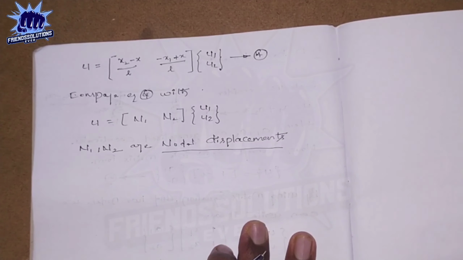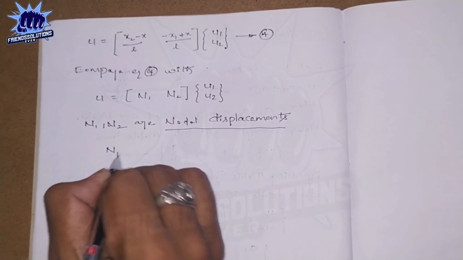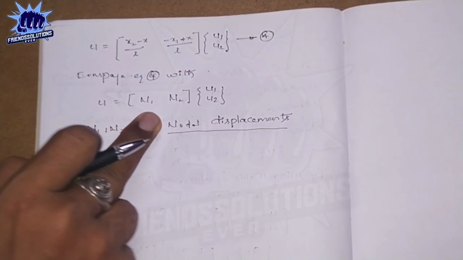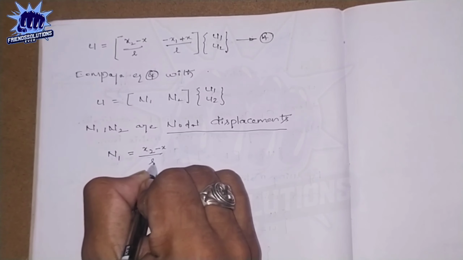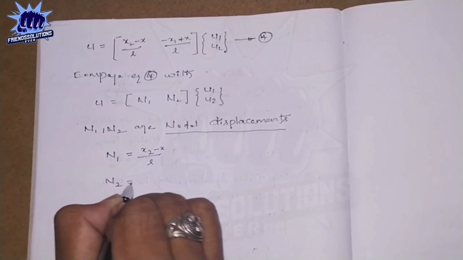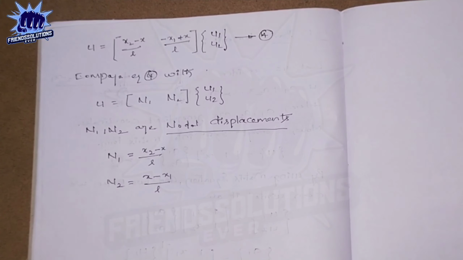I already told you that in this video we are deriving the shape functions. So after comparing these two equations, n1 equals (x2 minus x) by L and n2 equals (x minus x1) by L. These are the equations we have obtained at the end of the derivation.